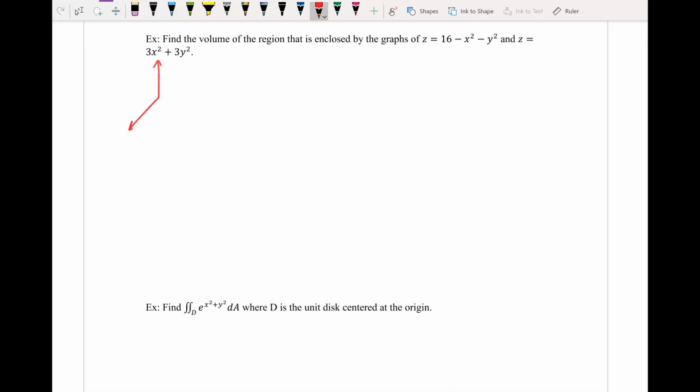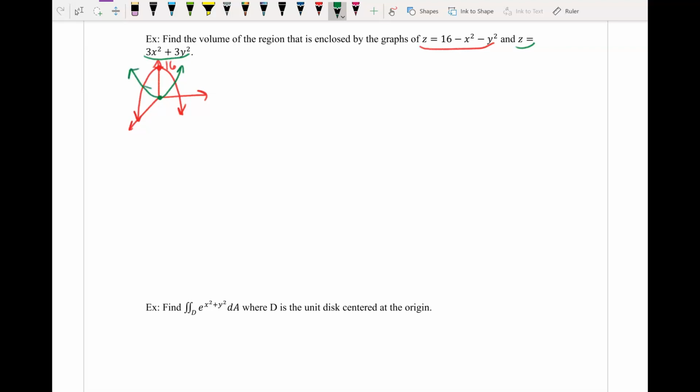You can see that this one was just a paraboloid shifted up 16 units and going downward. And then this other one is another paraboloid, but it's centered at the origin and going upward.